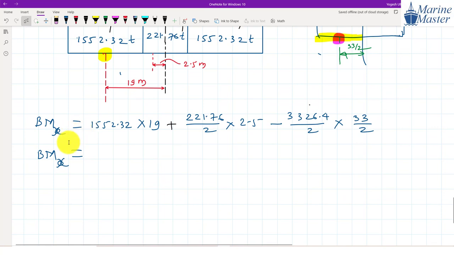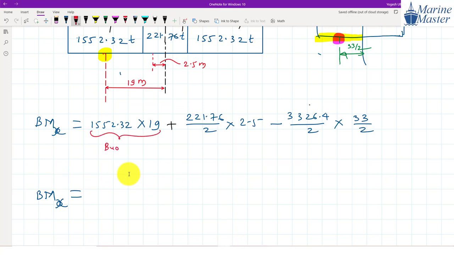This is the buoyancy of the end compartment. Guys, do the calculation, everyone.